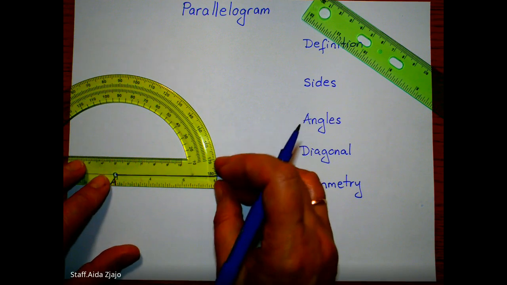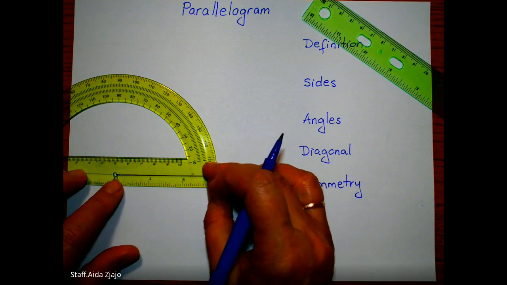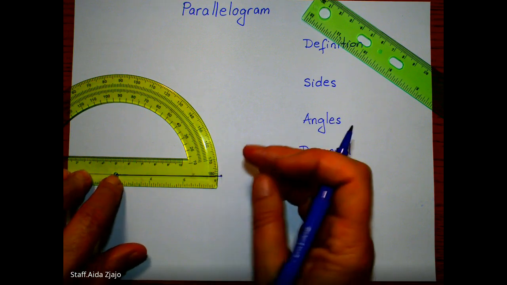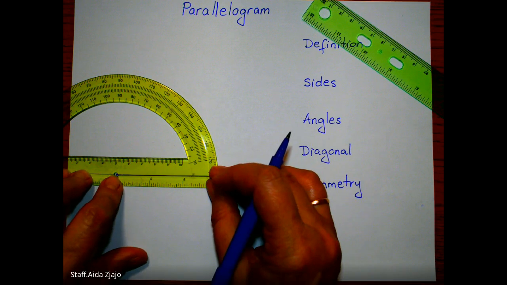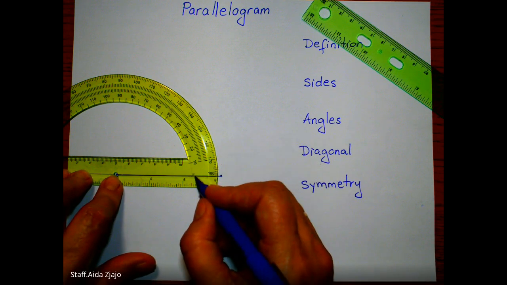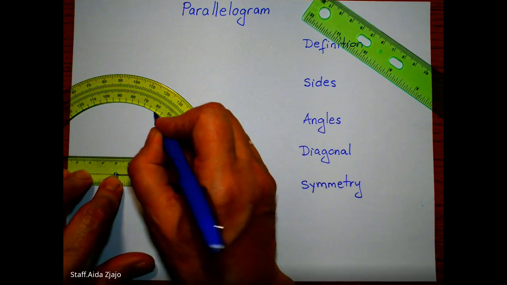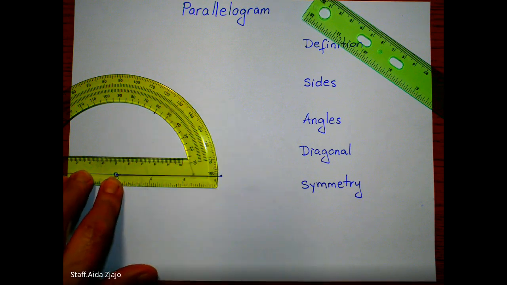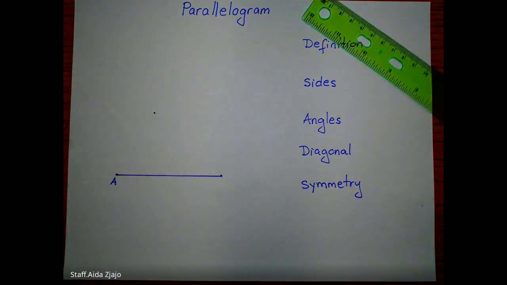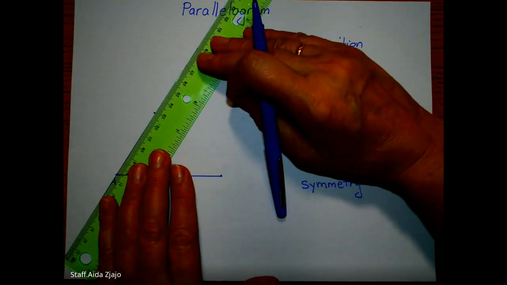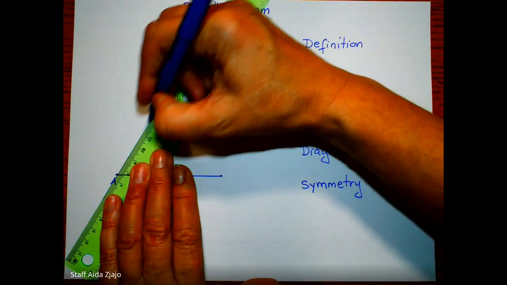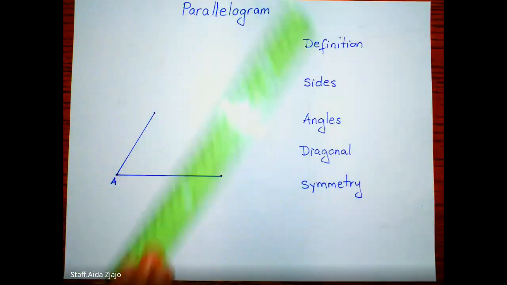So I'm going to put my compass right on point A, the center, and then I will go all the way from 0 to 60. I put a dot next to the 60, and I will connect these two dots to make another side of my parallelogram.